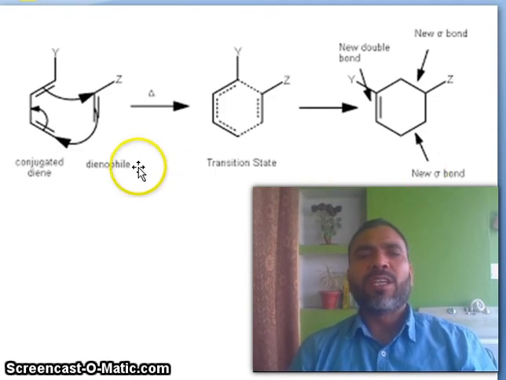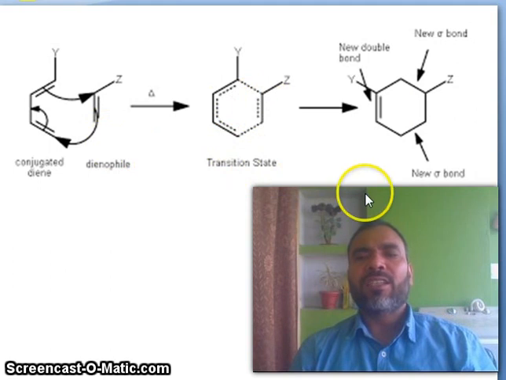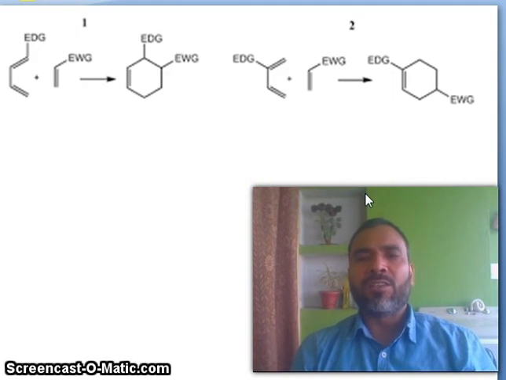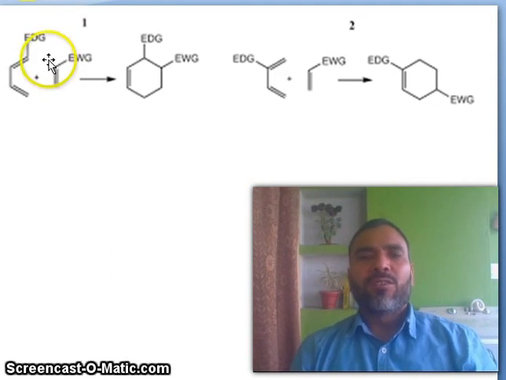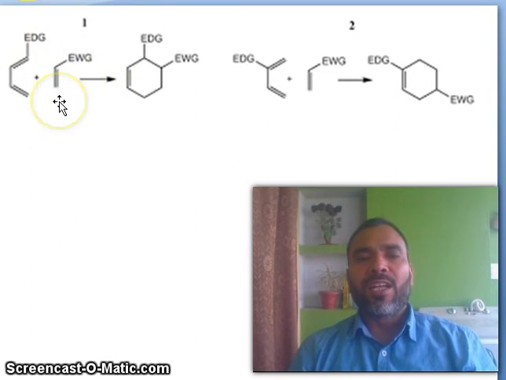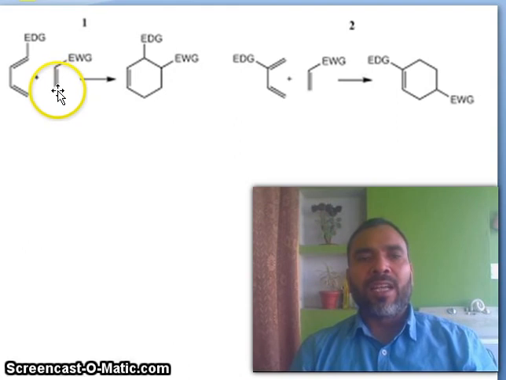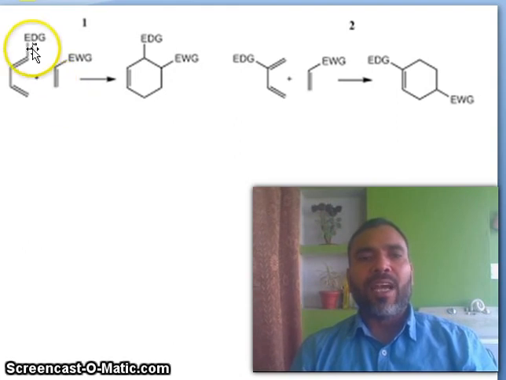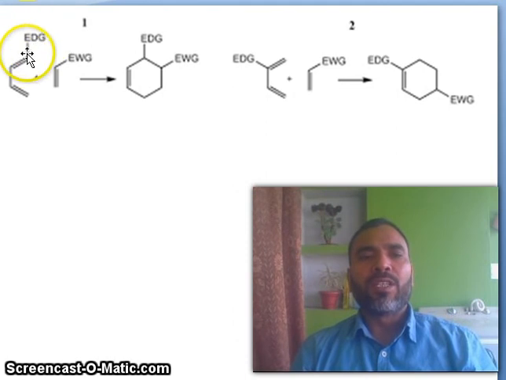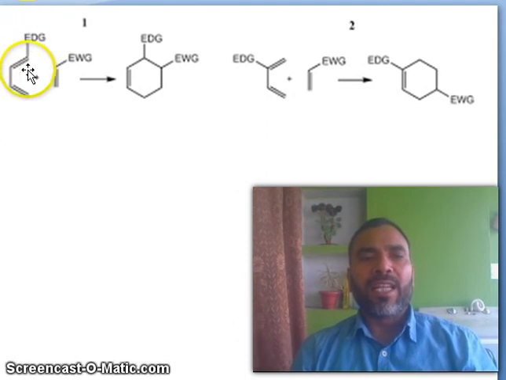Now you see how it makes the transition state. An electron withdrawing group is better for the dienophile, and an electron donating group, if attached to the diene, is much more comfortable for the diene.